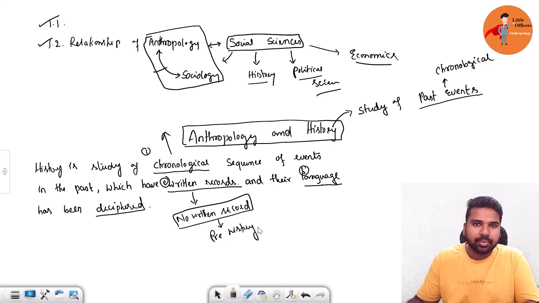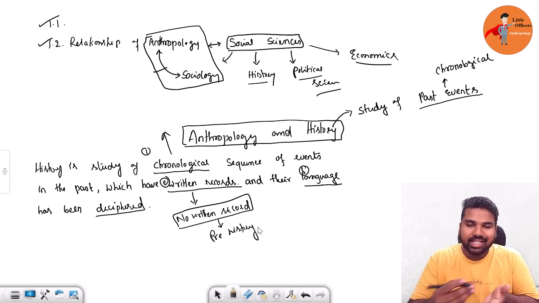You also read this in GS. Written records will exist only when you have development of the language and the script. To write anything, you need a script. For example, for Hindi we have the Devanagari script. If the script is not there, you won't be able to write it. But there are certain periods where script is existing. They had a civilization, they were existing, but their script is not deciphered. So we don't know what kind of language they were using, what is the meaning of it.